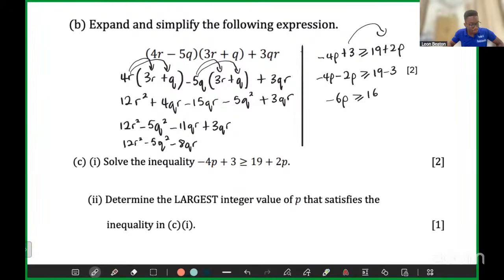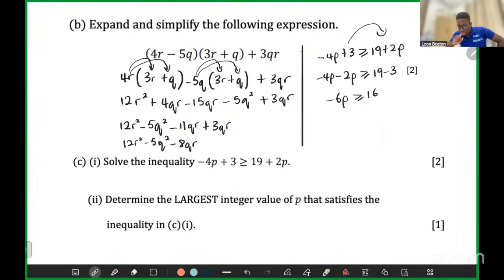Now this last piece we want to be very careful with. This last piece is telling us we have negative 6p is greater than or equal to 16. So we want to solve for p. That means p should be by itself.